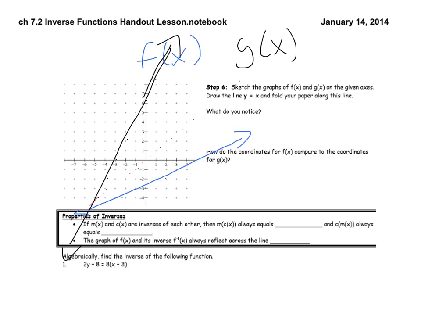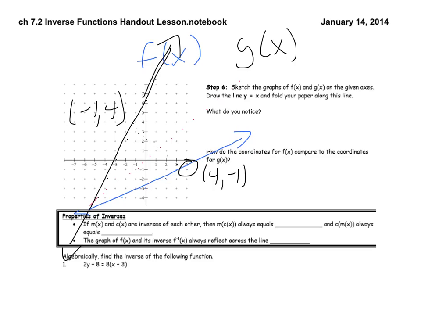If we look at the point right here, this is 4, -1, that should compare to the point up here, which is -1, 4.